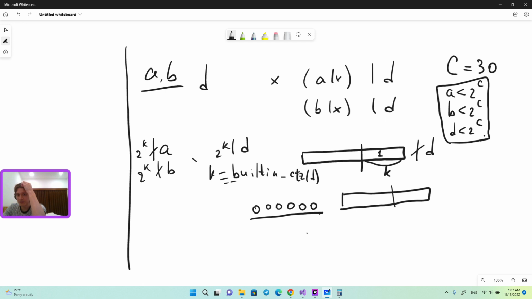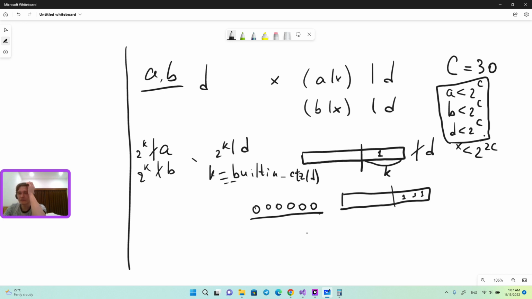Okay, after that, actually we can divide everything by 2 to the k, because we don't need to put ones here. And we need x less than 2 to the 2c. We do not need any zeros here, any ones here. Actually, let's divide everything by 2 to the k.